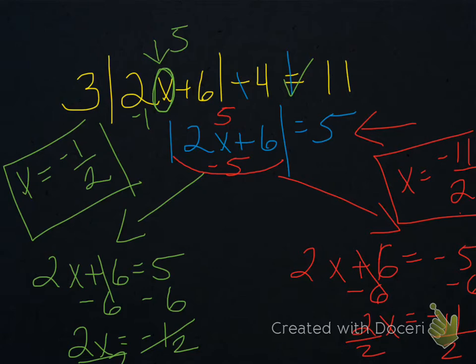Negative 11 plus 6 is going to give me a negative 5. And then, of course, negative 5 times 3 is a negative 15. Negative 5, excuse me, the absolute value of negative 5 is 5, and then the rest of it goes the same way. 5 times 3 is 15, minus 4 gives me 11.